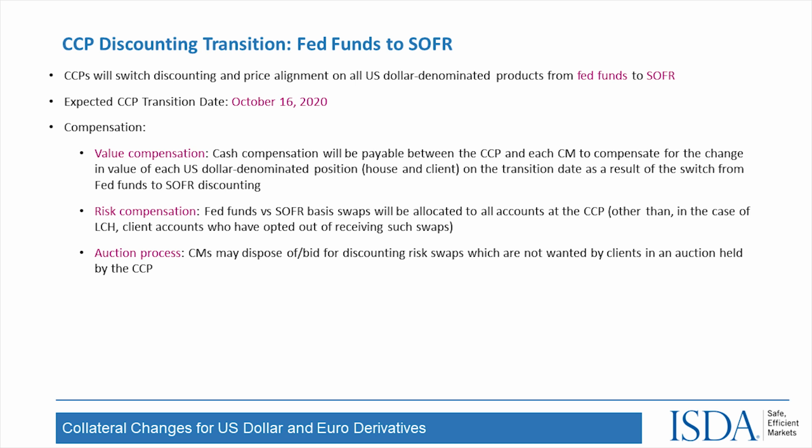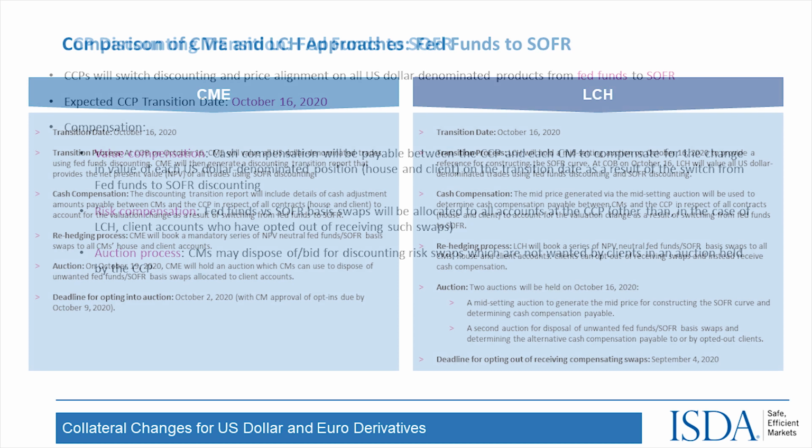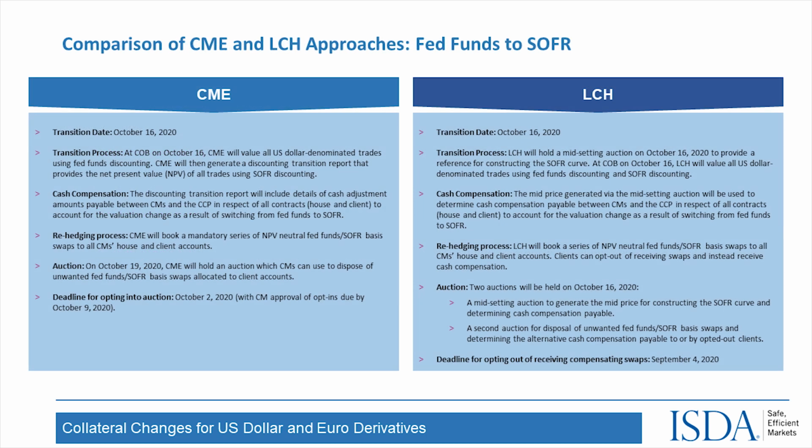However, the CCPs will also run two similar but slightly different auction processes where clearing members may dispose of and/or bid for these swaps in the market. So I'm now going to turn it over to Sarah to go through the expected processes at each of CME and LCH. Thank you, Anne.